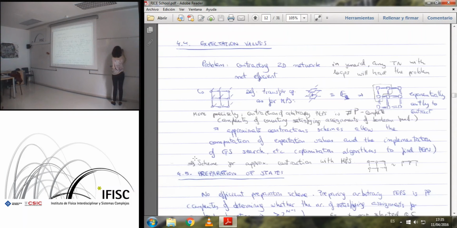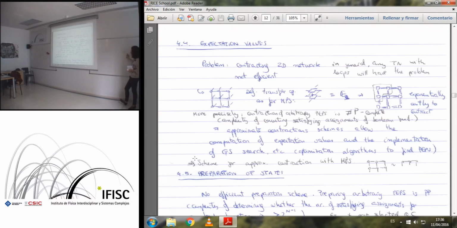It will look like this, and I draw 2 bonds everywhere, meaning that each of these is like 2 layers. It's bigger in dimension than before, and it has n times n size.